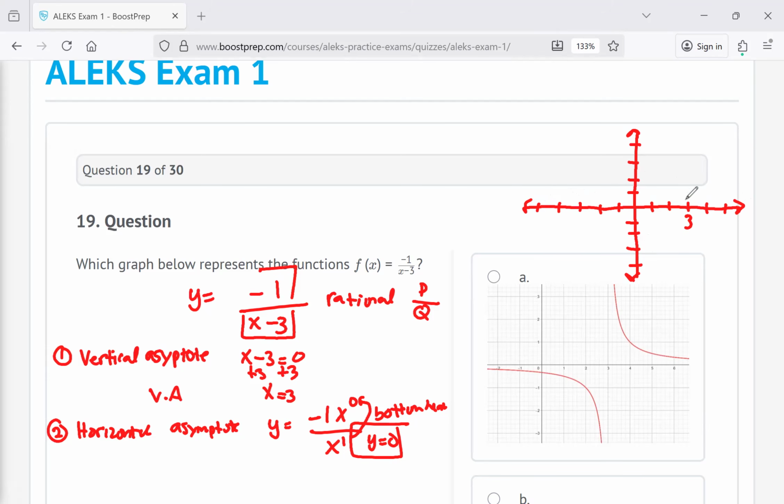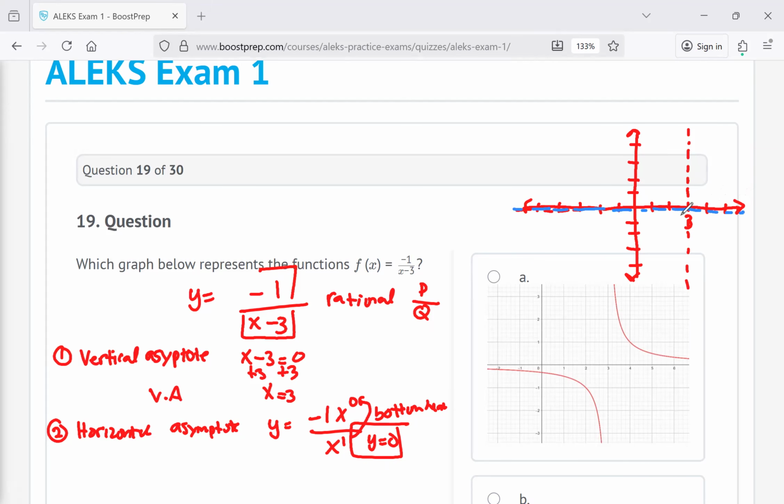Here's 3. Draw a dashed line like that. And then my horizontal asymptote is y equals 0, so that looks like this. Maybe I should use another color, maybe blue. But this would be y equals 0. Unfortunately, we still need some more points. So what I'm going to do is test the right side of 3 and the left side of 3. That's probably the easiest.